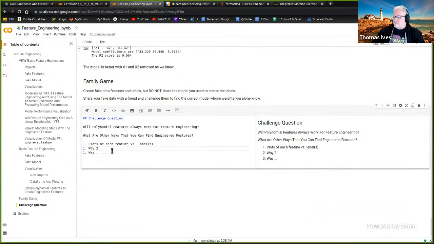Now, does anyone want to take a guess at a second way to deal with this? How can you get engineered features other than polynomial features, or what you could figure out from doing number one? Number one over here, because I've done the cheat numbering over here, but I'm talking about over here. Well, I'll tell you one.